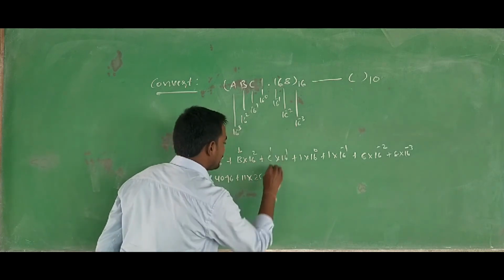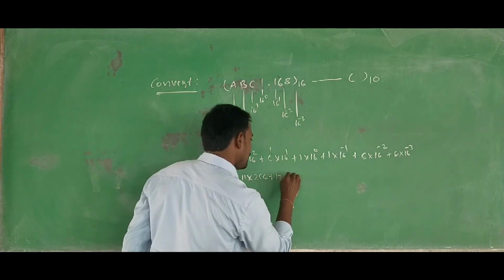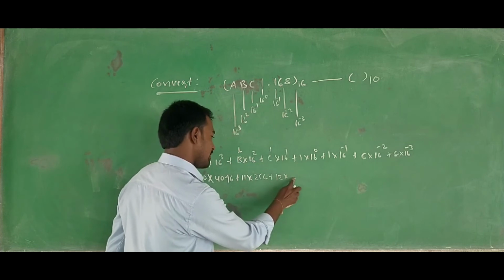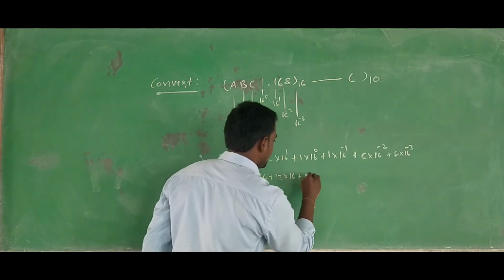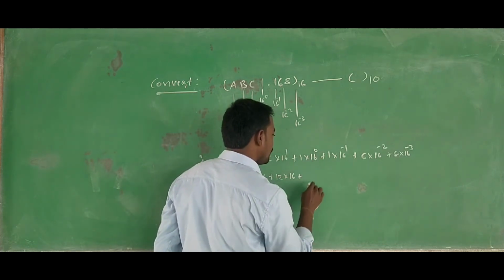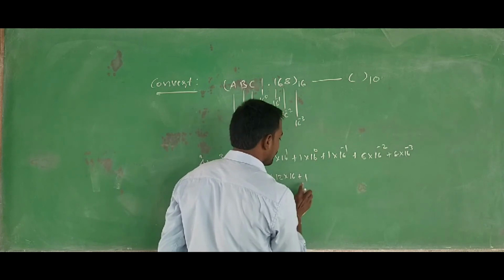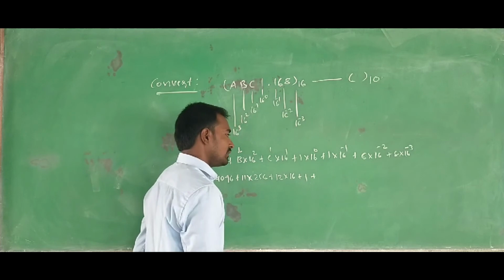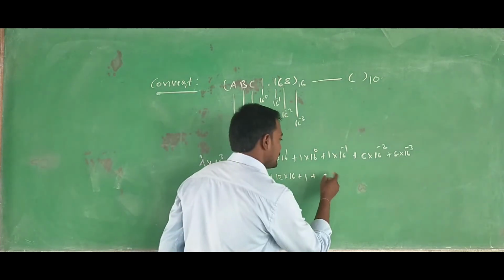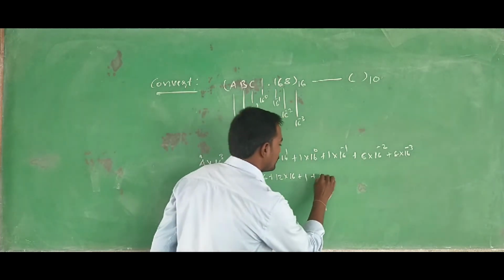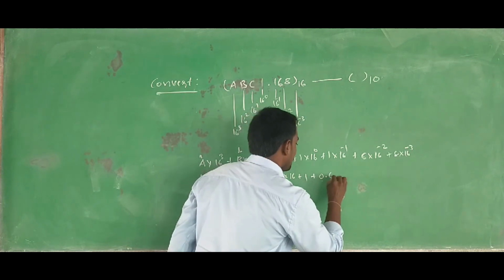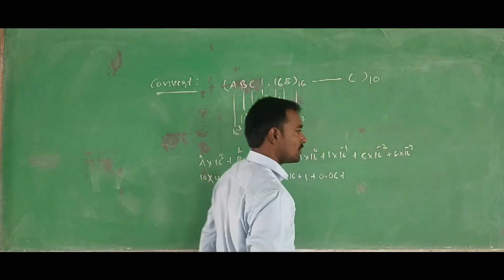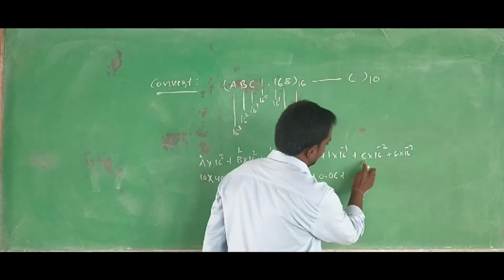Plus C is equal to 12 into 16 to the power of 1, which is 16. Plus 1 into 16 to the power of 0, which is 1. Then we get 1 plus 16 to the power of minus 1 into 1, which is 0.06.